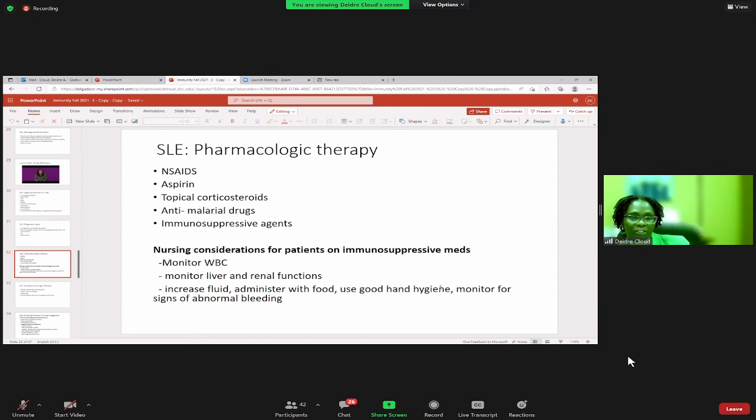Use good hand hygiene. So we had a patient with SLE who was diagnosed at 17. She had a kidney transplant at 23, and now the kidney is failing. She was anemic. She had to have blood transfusions. The NSAIDs could make you anemic. Different things could make you anemic, but some of the medications can. So you have to watch out for signs and symptoms of abnormal bleeding.